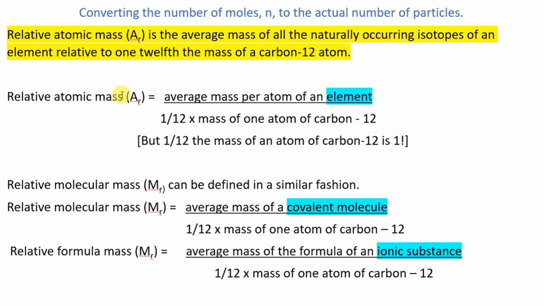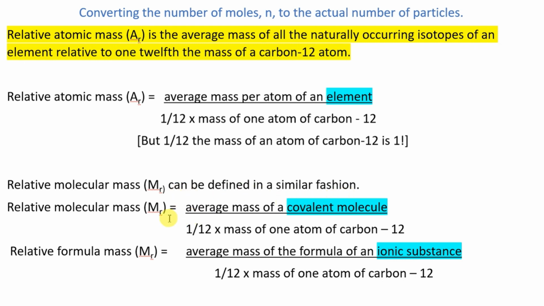So, relative atomic mass is the average mass per atom of an element. We're talking about atomic mass, we must be talking about an element. Dividing by 1/12 the mass of one atom of carbon-12, which is 1. Relative molecular mass, if I'm saying molecules, I must be talking covalent.